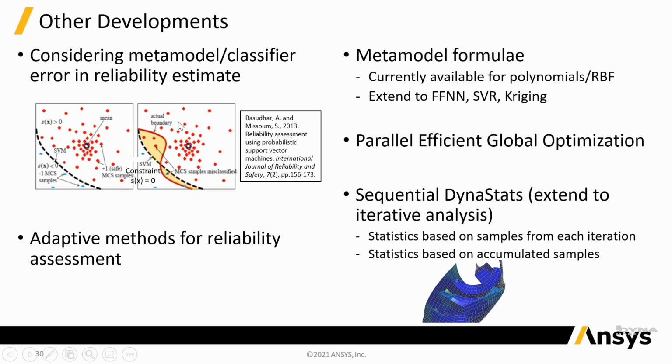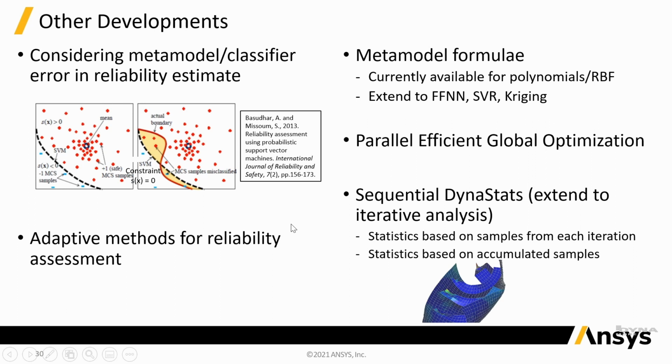So there are some other developments that are at their early stages, such as some developments for reliability, for instance, including the error of metamodels and classifiers into the probability of failure estimate.